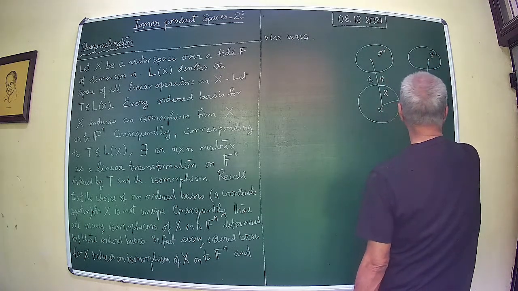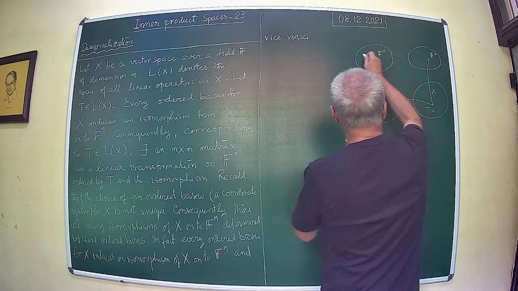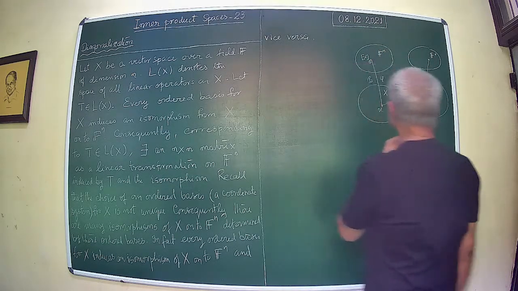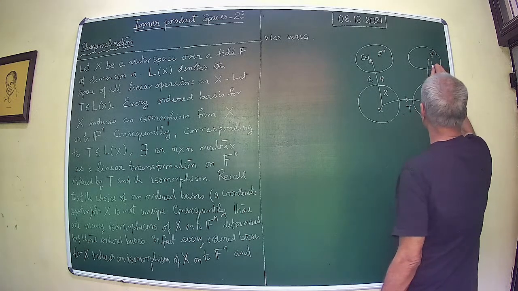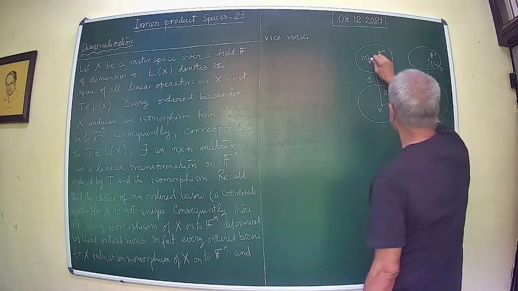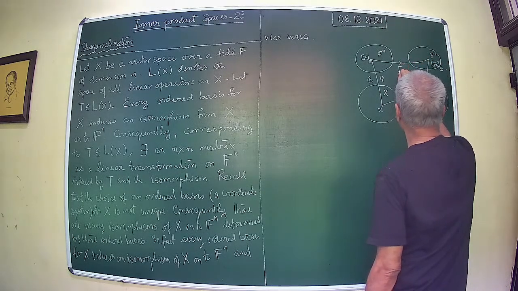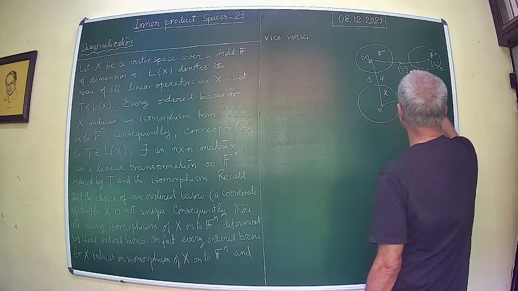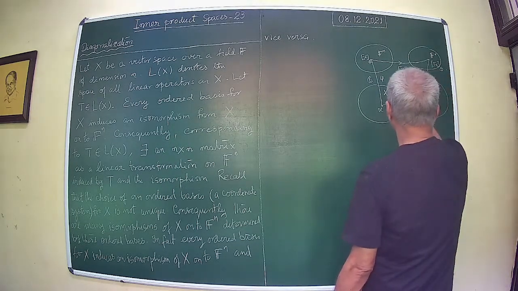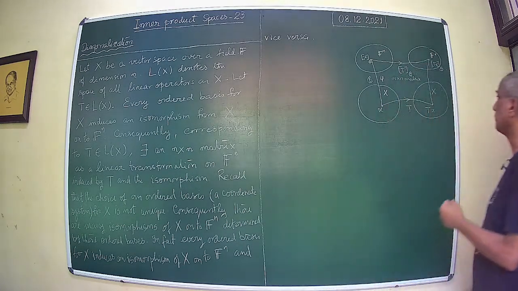This is x, and this is an element of F^n, then there is the corresponding representation for Tx with respect to the basis B, and the connection between these two is given by the n by n matrix of T with respect to B. This is an n by n matrix with entries from F.